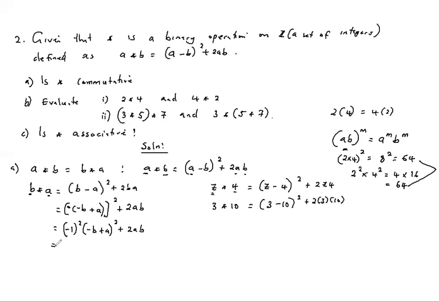So we just forget about it and write inside here a minus b. It's the same thing. And we have a power 2 plus 2ab. But if you look at this, it's exactly what we have as a star b, which means that star is commutative.